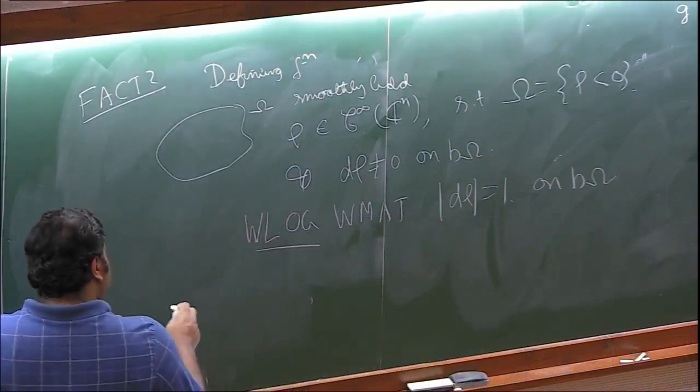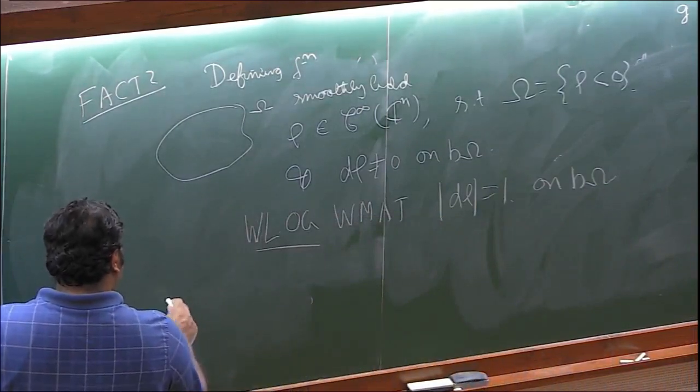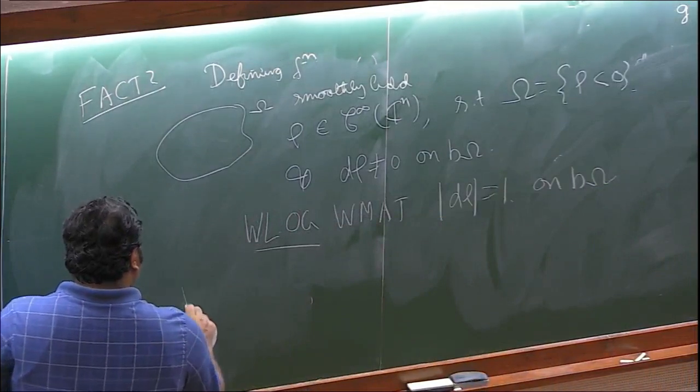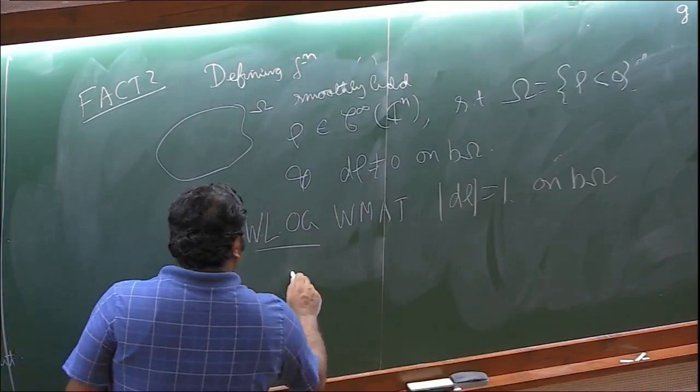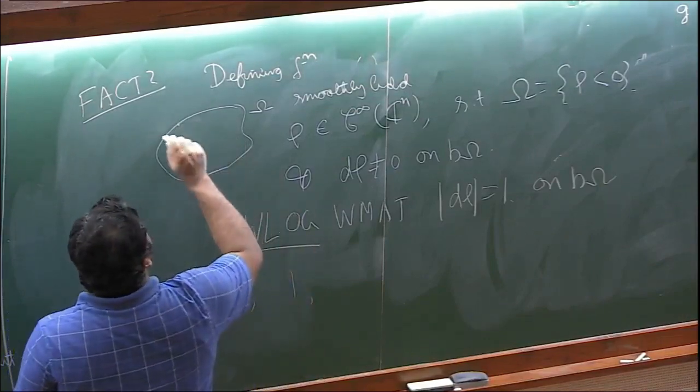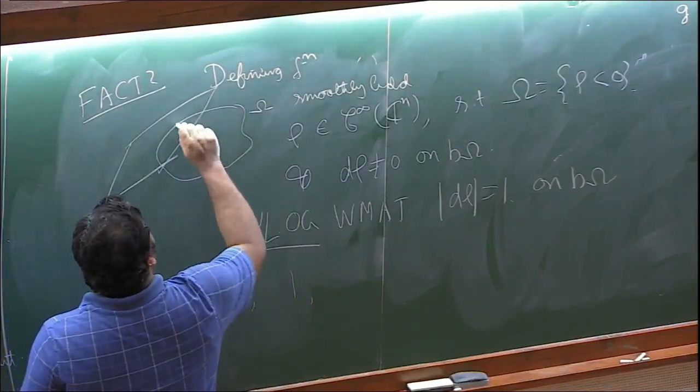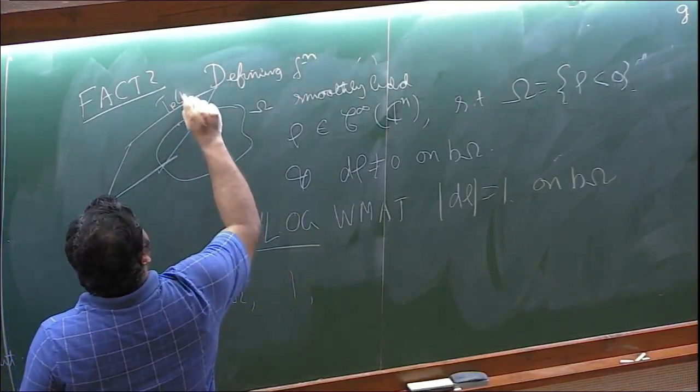So then I define the following object. So first of all, at every point P of the boundary, I have of course a tangent space, a tangent space TP of the boundary.